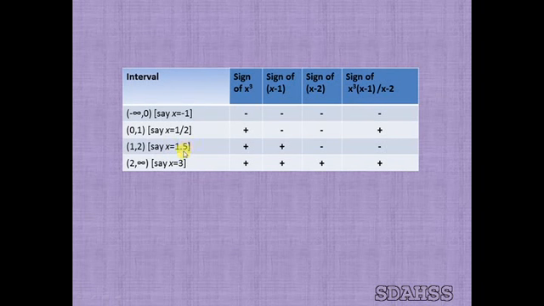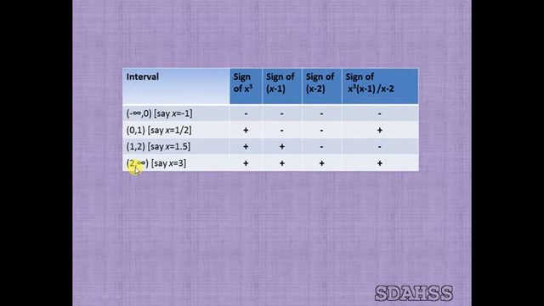Here I am taking 1.5. Substitute x is equal to 1.5 here, so you will get positive. Here also substitute 1.5, 1.5 minus 1 positive answer, 1.5 minus 2 negative answer. Then plus into plus divided by minus, negative.